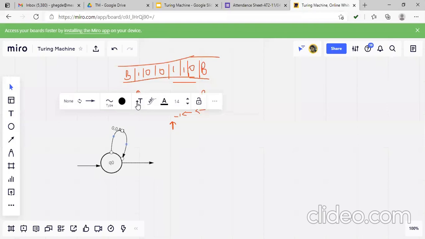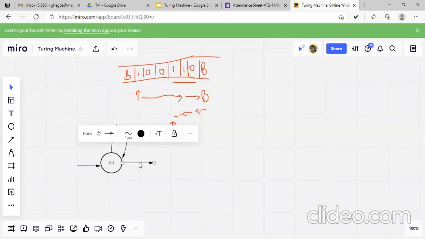If I get a 1, keep it as it is and move right. सब कुछ वैसा ही रखना है. Keep all zeros and ones as it is and just move right till you get a blank. If I get a blank, what I have to do? Keep it as it is and move left.